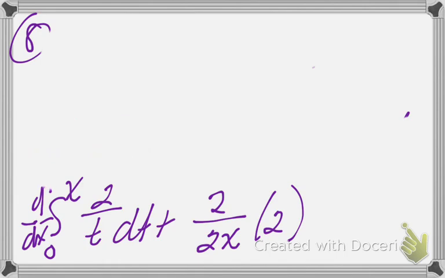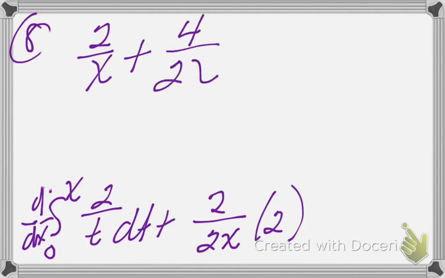Okay, I think we're ready to put everything all together. Okay, so for the first one, we're just going to put the x in for t, and we're going to get 2 over x plus 4 over 2x, and this can be reduced because 2 goes into 4 twice.